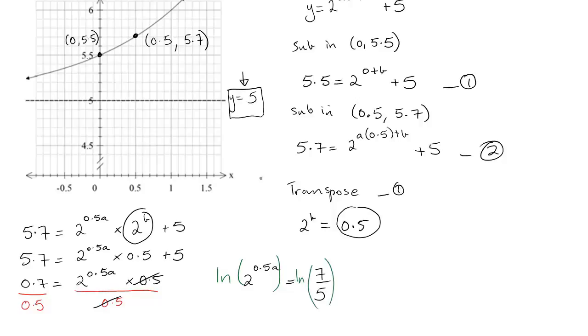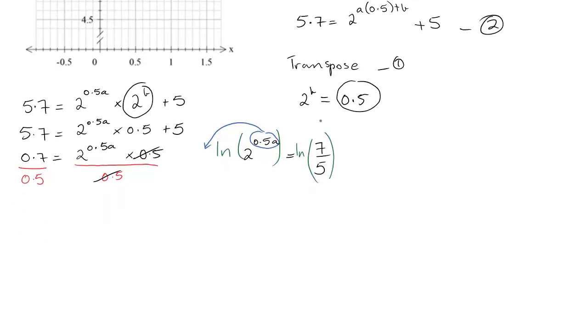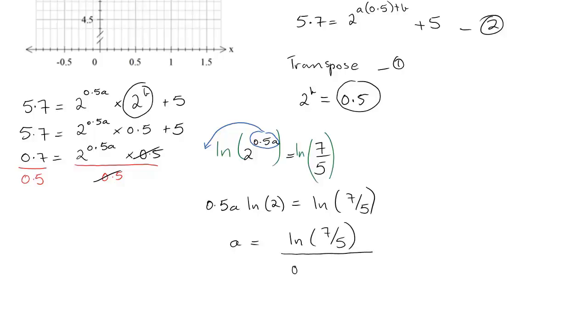And what that does to the power is it brings it out the front of the log. That's one of the log properties. So if I write it down below here, 0.5a log of 2, and then we divide. To find a, we just have to go, okay, log of 7 over 5, all divided by 0.5 log of 2.